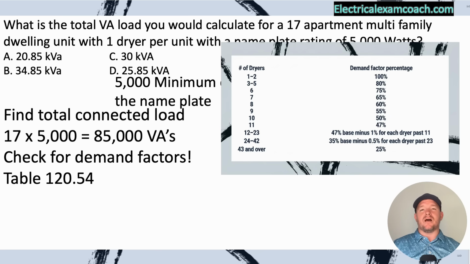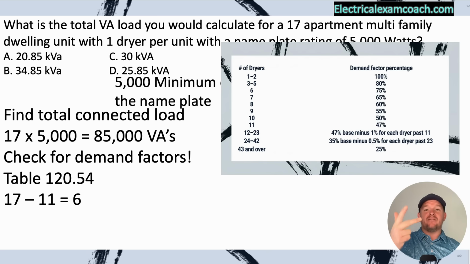Let me show you what it looks like. We're going to take our 17 dryers and we're going to first minus 11 to figure out how many we are past 11. Or you can just use your fingers. Let's take 11, 12, 13, 14, 15, 16, 17. I am 6 dryers past 11.